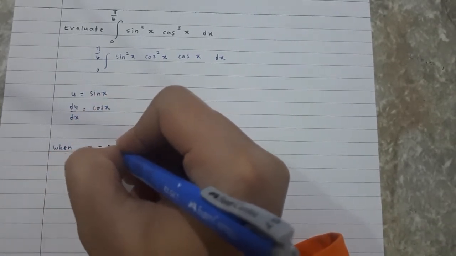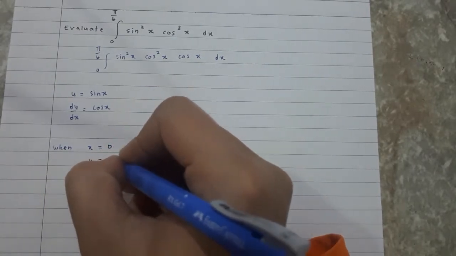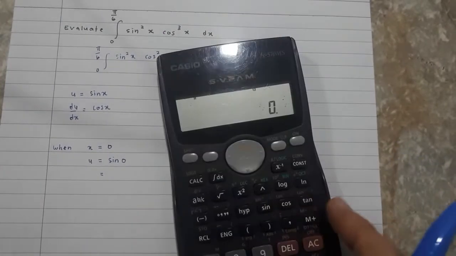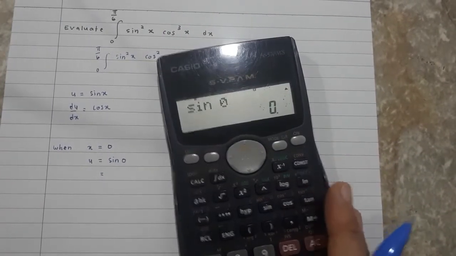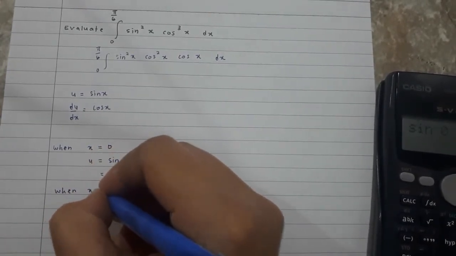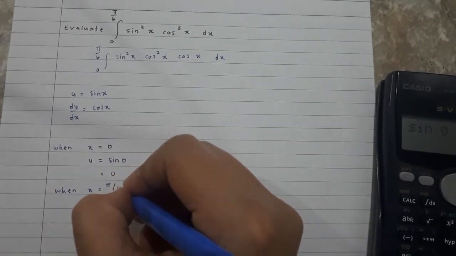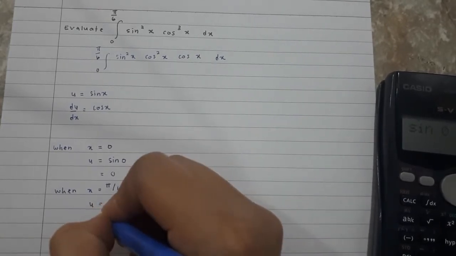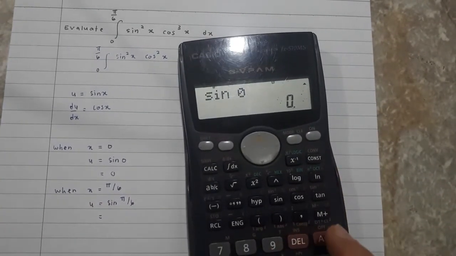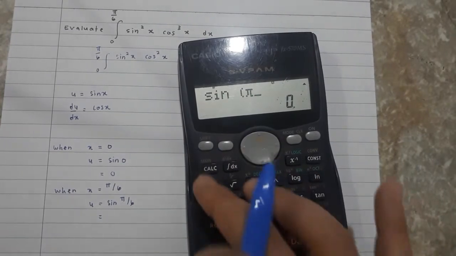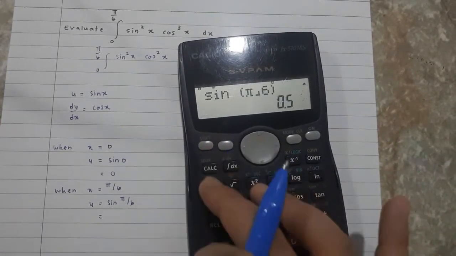When x equals 0, u equal sine 0, use calculator, sine 0 equal 0. And then when x equal pi over 6, u equal sine pi over 6. Make sure your calculator is in radian mode. Sine pi over 6 equal to 1 over 2.